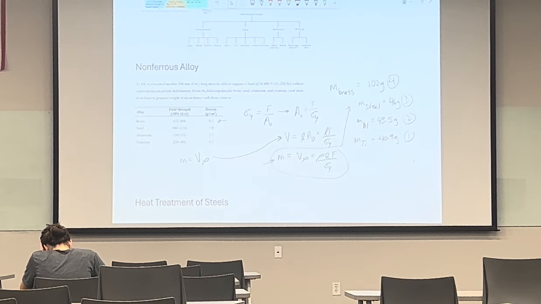So the next section that they were speaking about was basically the heat treatment of steels. Essentially, they mentioned how conventional heat treatment procedures for producing martensitic steels usually involve some sort of rapid continuous cooling of an austenitized specimen in a quenching medium, and that means water or oil or something.